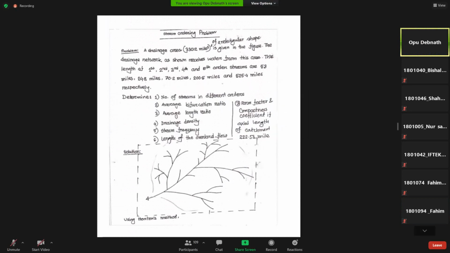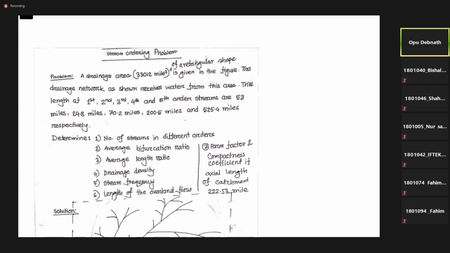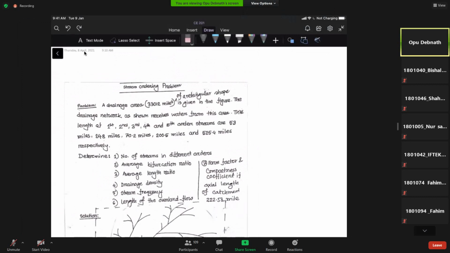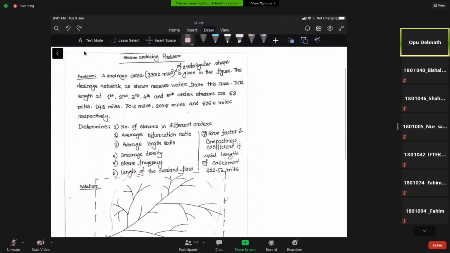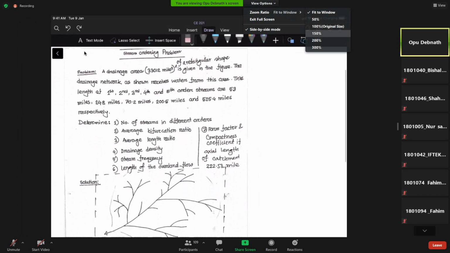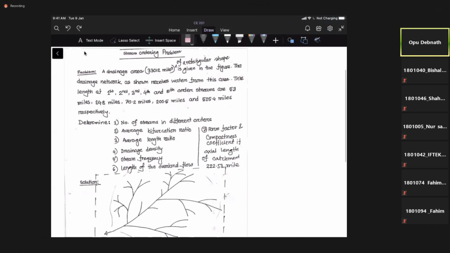Today we will discuss a mathematical problem related to the stream ordering system. So here is the problem statement. This is a typical drainage basin having a drainage area of 33012 square miles, of an equivalent rectangular shape, which is given in this figure.